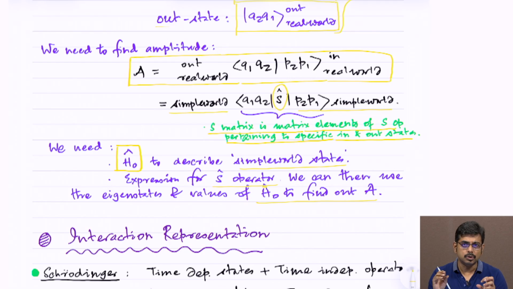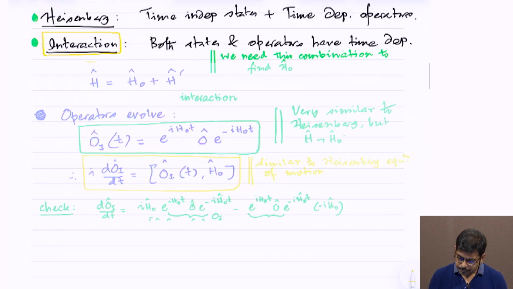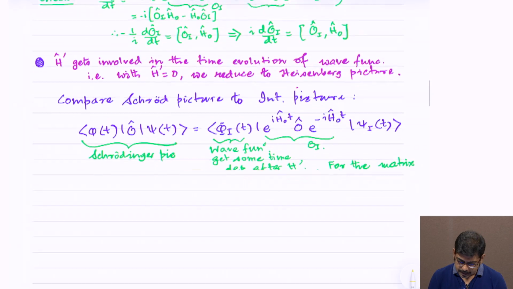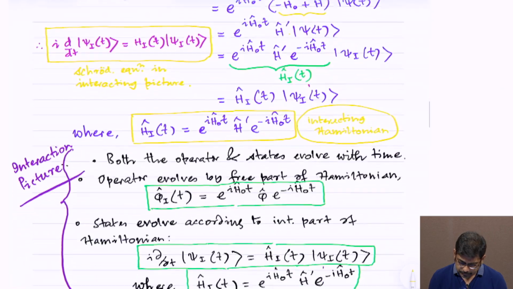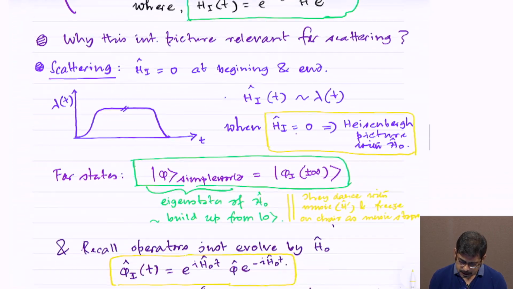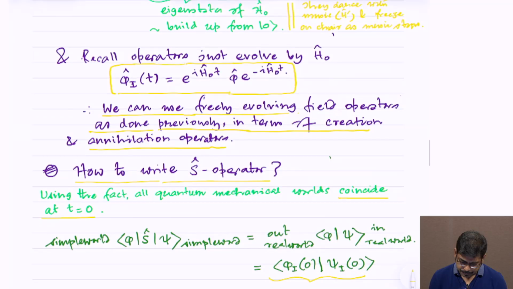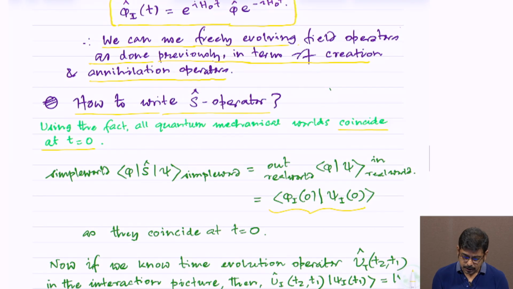Now, I am not going to do this in detail, but if you do this exercise in detail, you will find it in any quantum field theory book, for example, and then you will find the expression for this S matrix. So, this is once again the simple world phi S psi simple world.